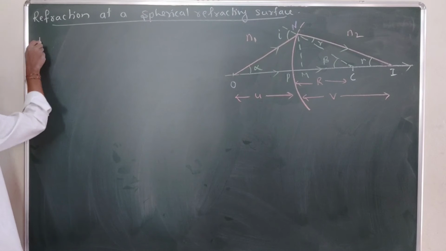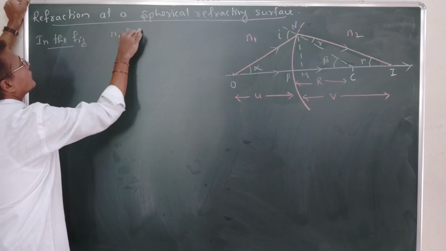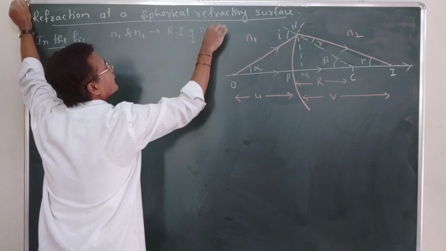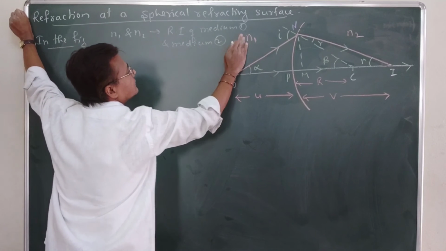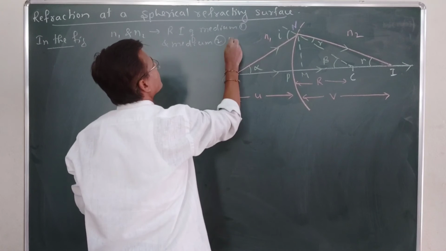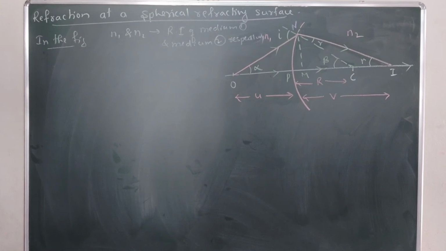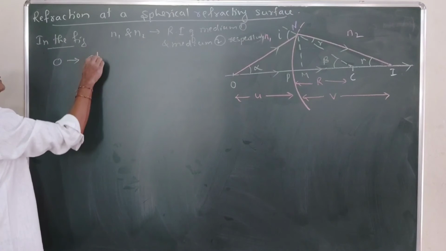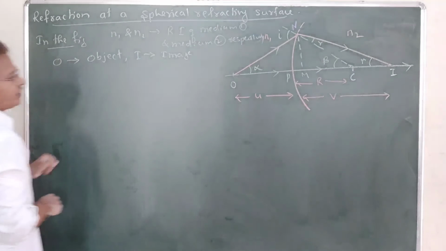N1 and N2 are the refractive indices of medium 1 and medium 2 respectively. O is the object. I is the image.